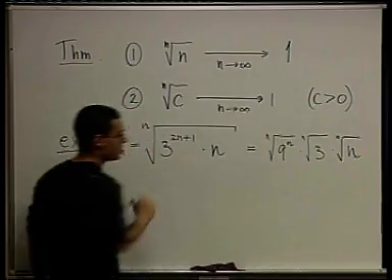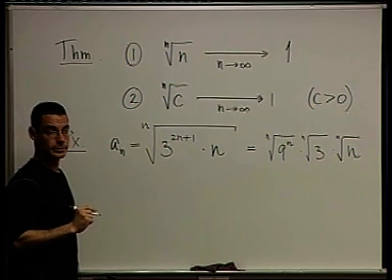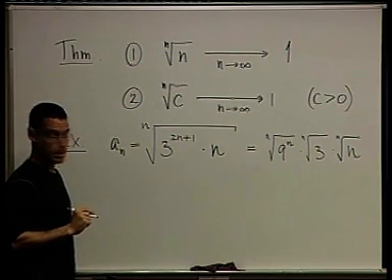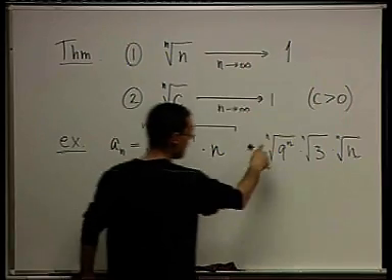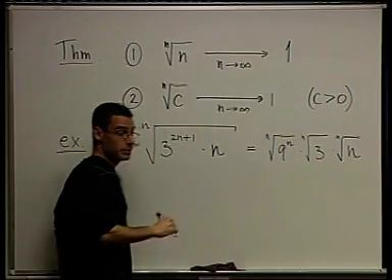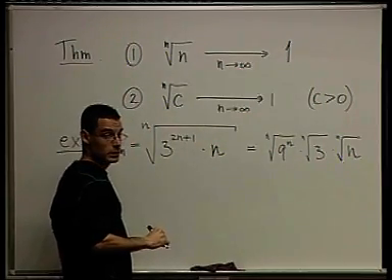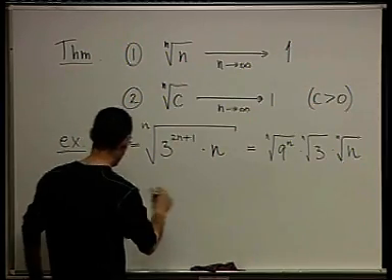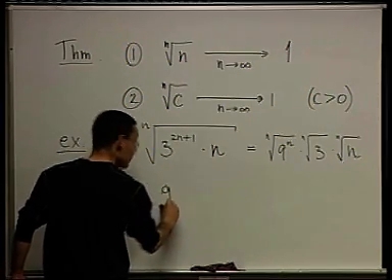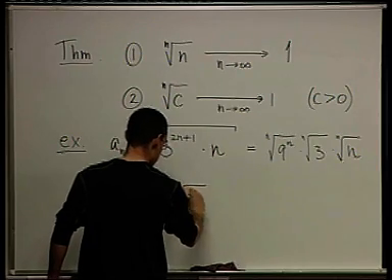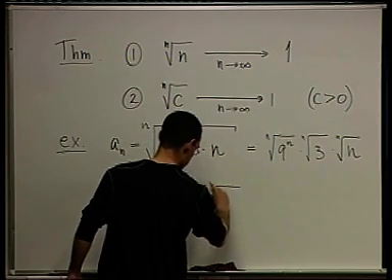Do you agree that this and this are the same thing? Yes? Okay. What's the nth root of 9 to the power n? So it's 9 times the nth root of 3 times the nth root of n.